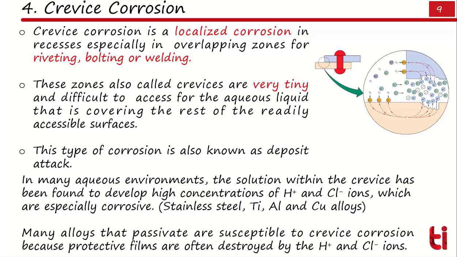This is very important. Generally, to prevent corrosion, the easiest approach is to passivate the surface. Now, even if you have used the passivation mechanism to prevent corrosion, the presence of H+ and Cl- ions can easily remove the protective layer and make the metal vulnerable to crevice corrosion.